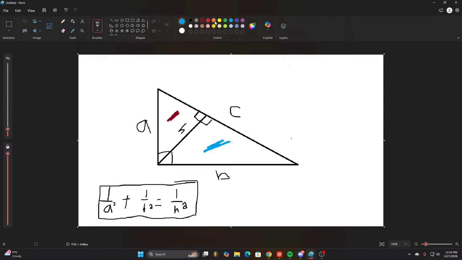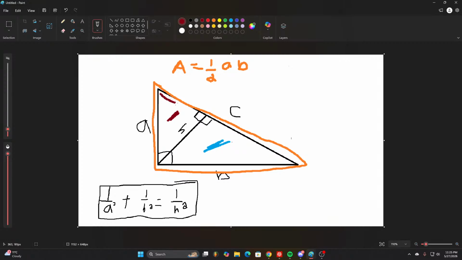So this outer triangle, which I'm going to highlight in orange real quick, has an area of 1/2 A times B, right? The base, which is B, and the height is A, is the area of this outer orange triangle.